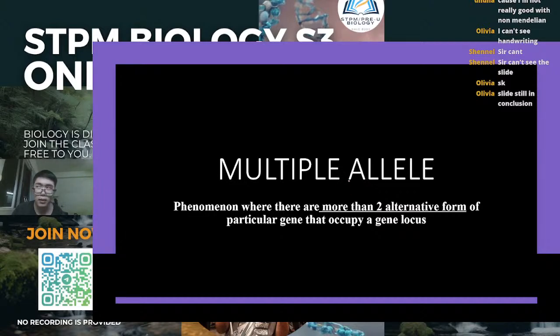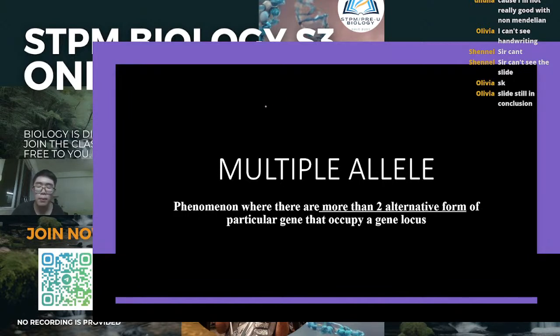If you compare to Mendel, Mendel said one type of gene is controlled by a pair of alleles only, either one dominant and one recessive. There will not be more than two alleles. That is what Mendel said. But in the multiple allele case, there will be more than two.